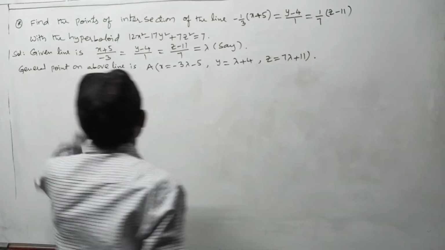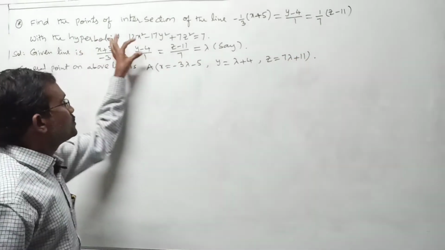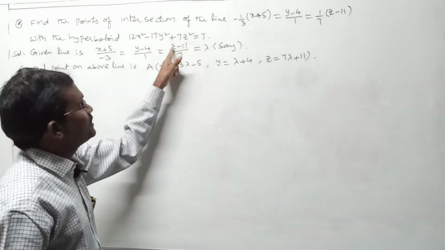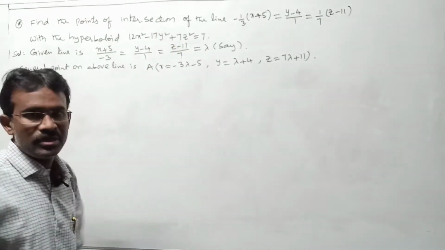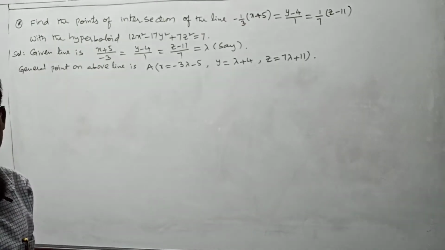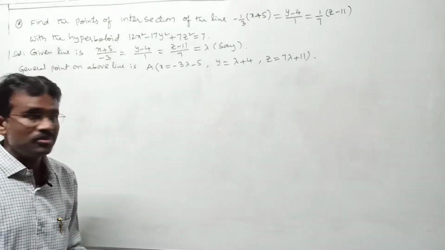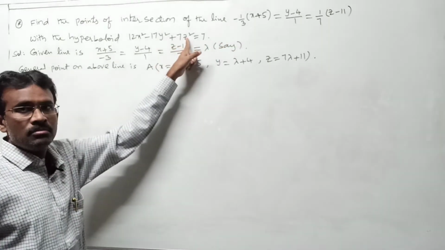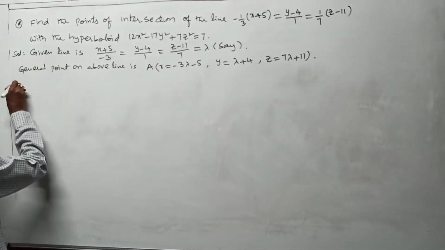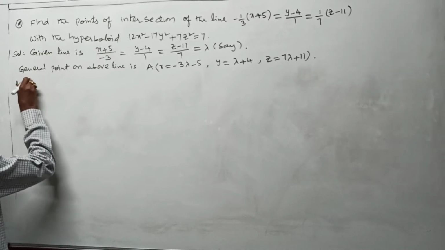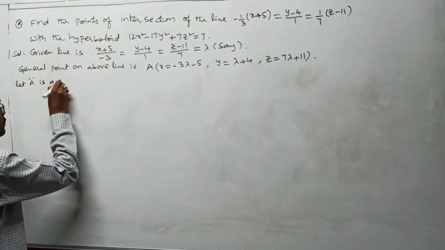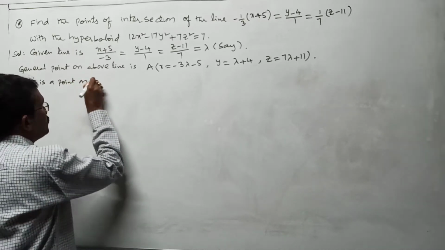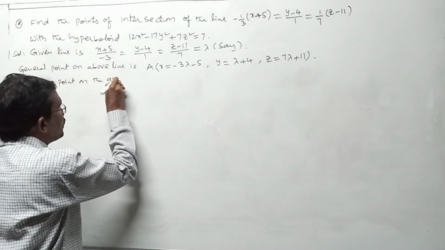Any problem with this? This equal to this implies you get this, this equal to this implies you get this, this equal to this implies z equals 7λ + 11, right? This is the general point. In the next step, let this general point A be a point on the given hyperboloid.